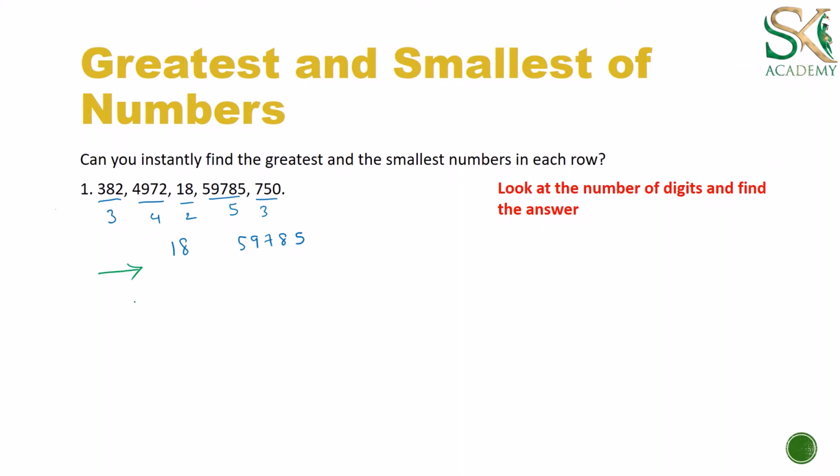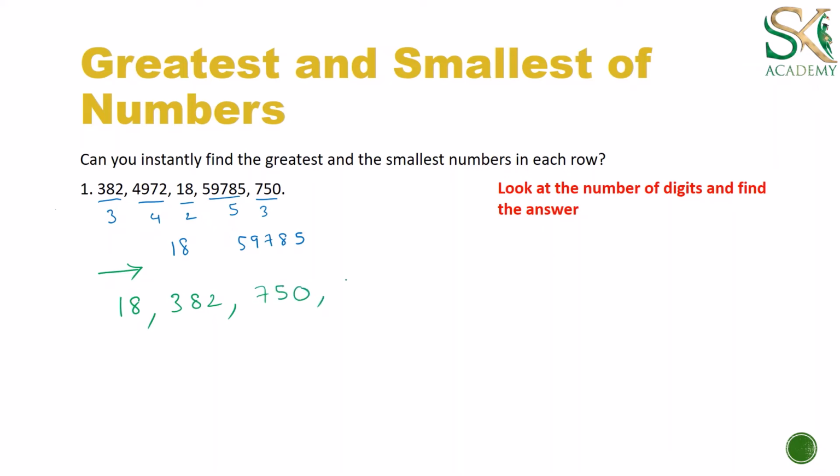Now arrange these numbers in order. First write the smallest number. Now what is the next highest number? There are two 3-digit numbers, 382 and 750. 382 is lesser than 750.